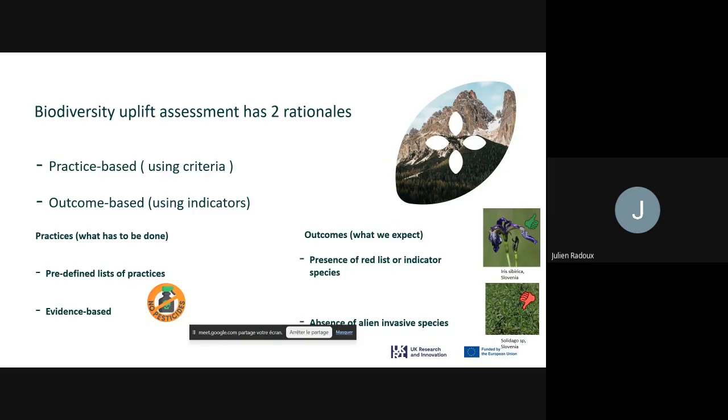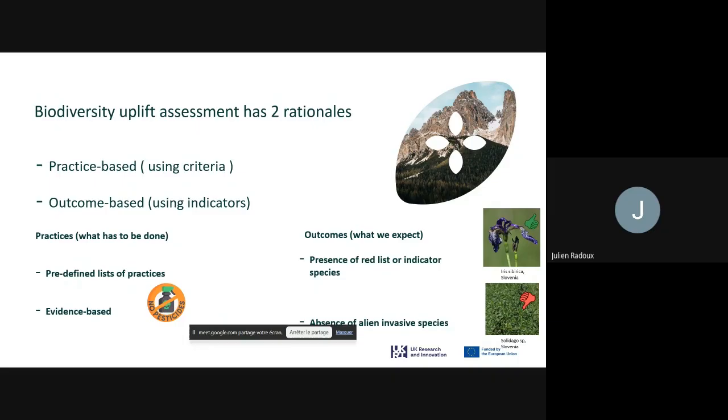It comes later than the practice, and when I say later, it can be a lot later if it's a very slow ecosystem, like a forest. While if you dig a pond, in one or two years you can already have all the biodiversity that you expect in the new pond. So the time lag between the practice and the outcomes depends on the type of ecosystem.